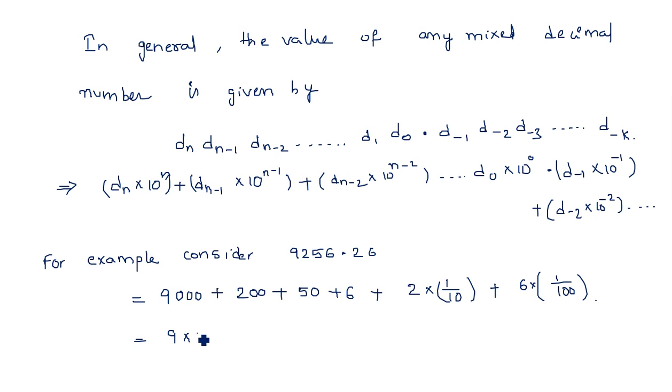So we can write it as 9 into 10 power 3 plus 2 into 10 square plus 5 into 10 power 1 plus 6 into 10 power 0, as we did for the d number here. See, dn with n equal to 3, plus 2 into 10 power minus 1 plus 6 into 10 power minus 2. This is the way of representing a decimal number.